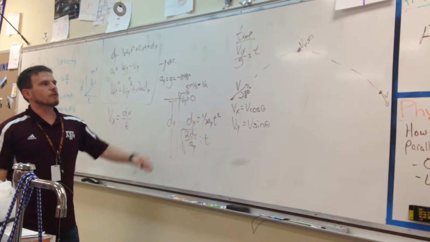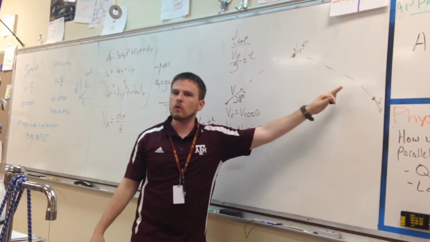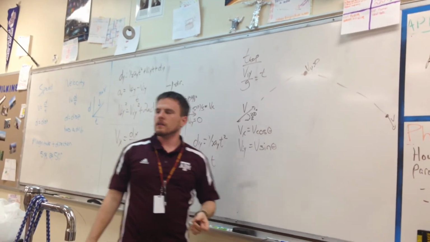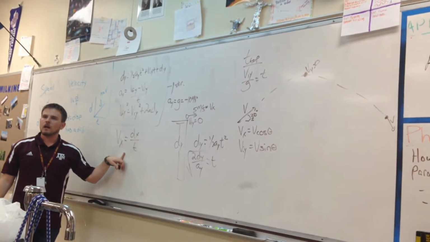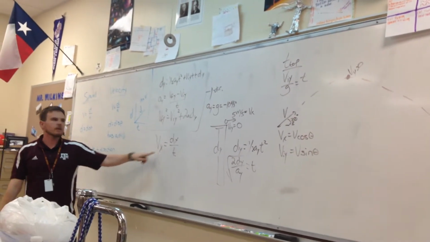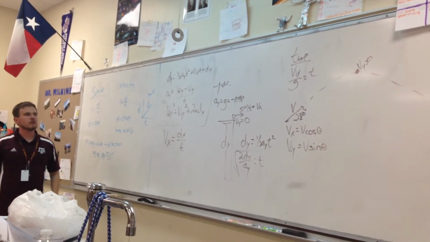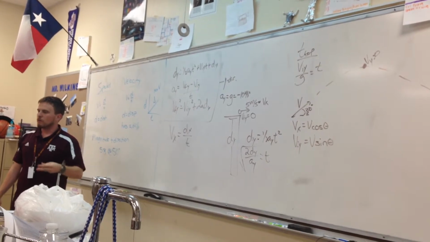Keep in mind also that if you're trying to find the height, you're going to use the time to the top. But if you're trying to figure out the distance total, you would use the distance in the x formula. So you'd have to use this formula right here. All right? Now, I should mention that on the formula chart, those specific formulas don't exist. But that's just because we've modified them for projectile motion.